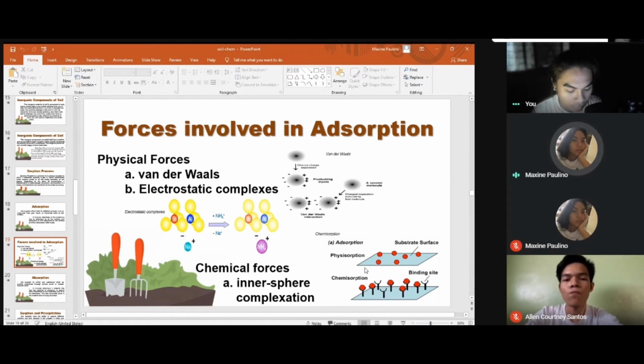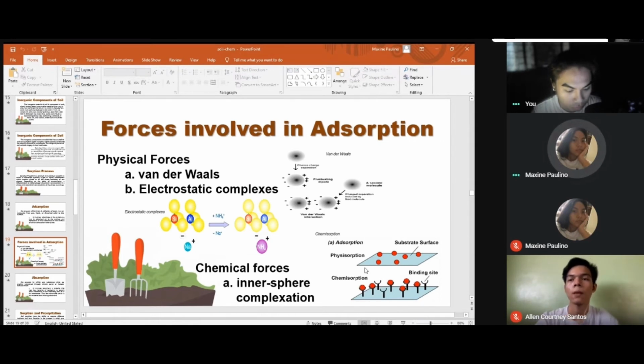The other forces involved in adsorption are chemical forces. Chemical adsorption can also be called chemisorption, in which it takes place with formation of monolayers of adsorbates on an adsorbent.